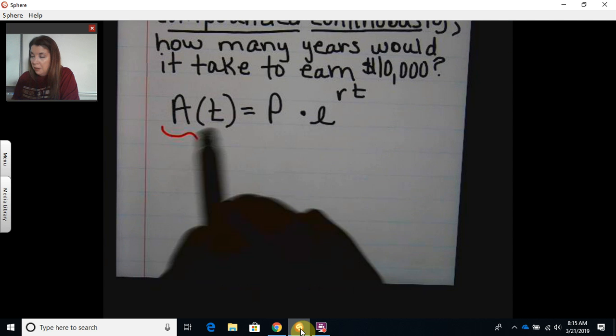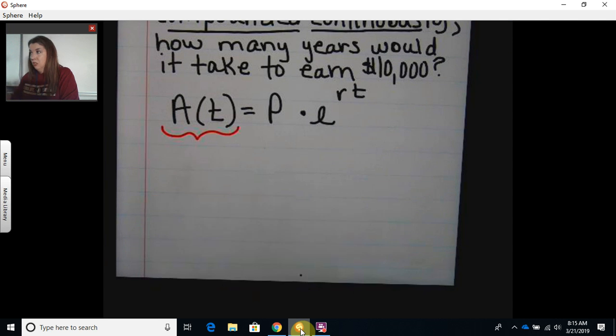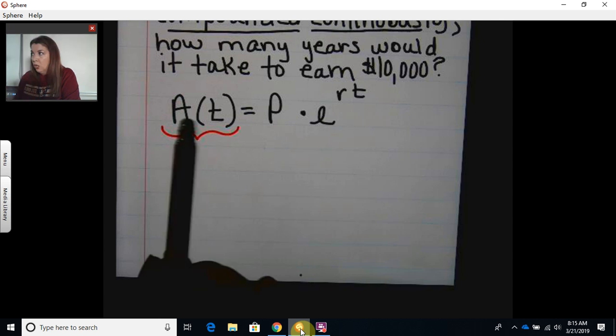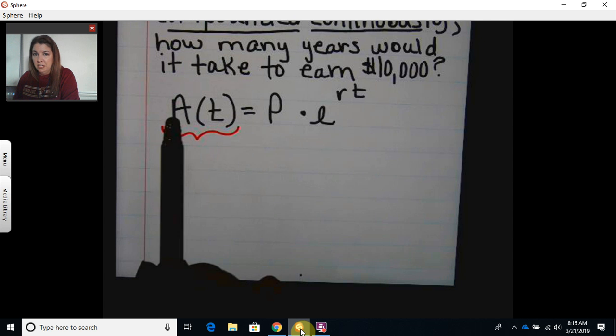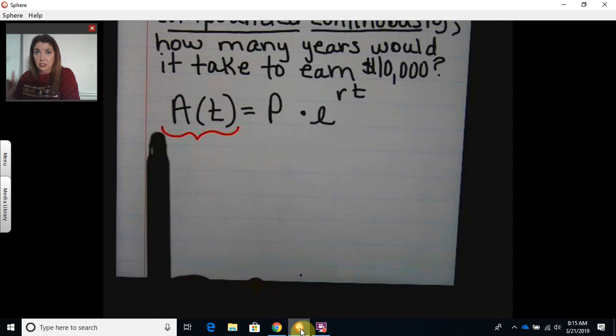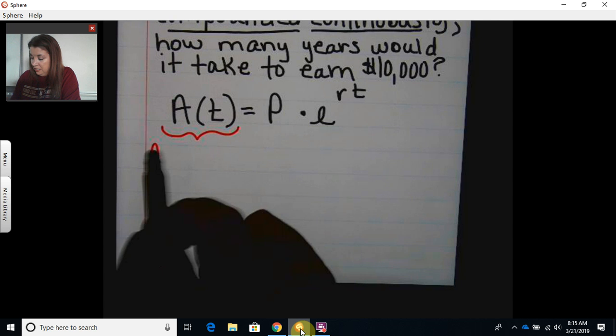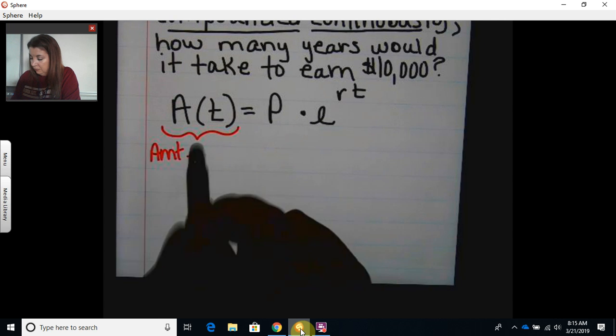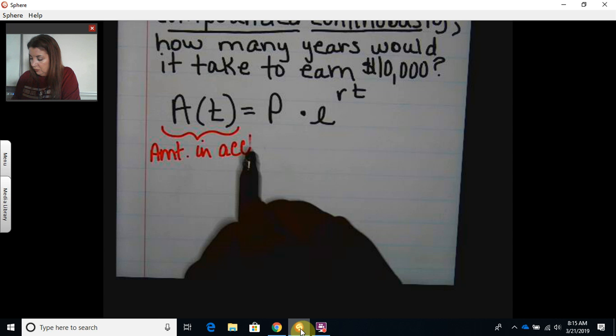Amount in the account after 2 years. So you've invested it for 10 years, you started with 4,000, how much do you have after that? So this is just one number that goes here, okay? That's function notation. Think about it if it was a y equals. It's just one number. So that's the amount in the account after t years.